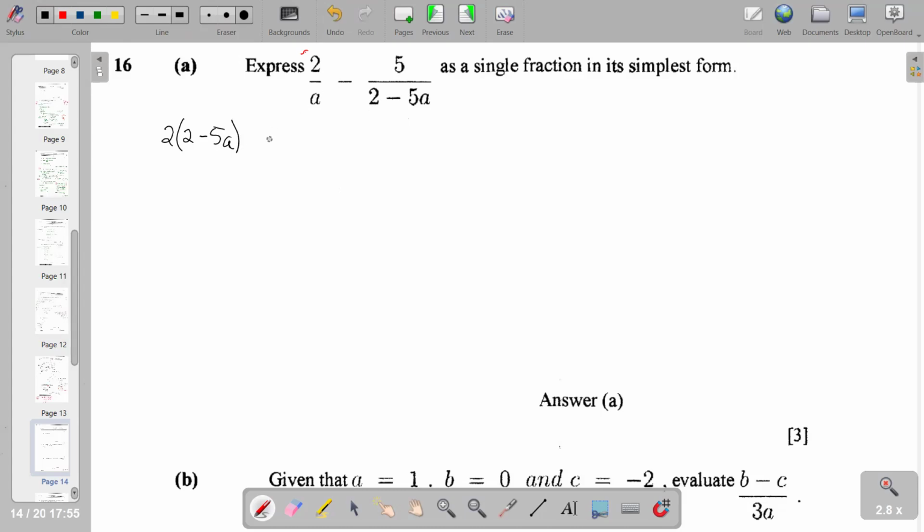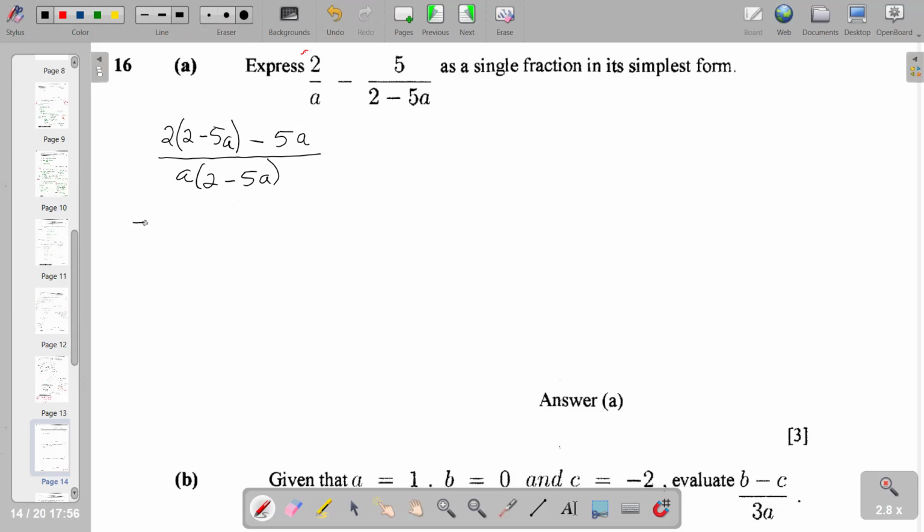Then we take the sign as it is. We take that numerator there, it multiplies this denominator, which is a, all over the multiplied denominators, which is a, 2 minus 5a. Then we have to simplify the brackets.